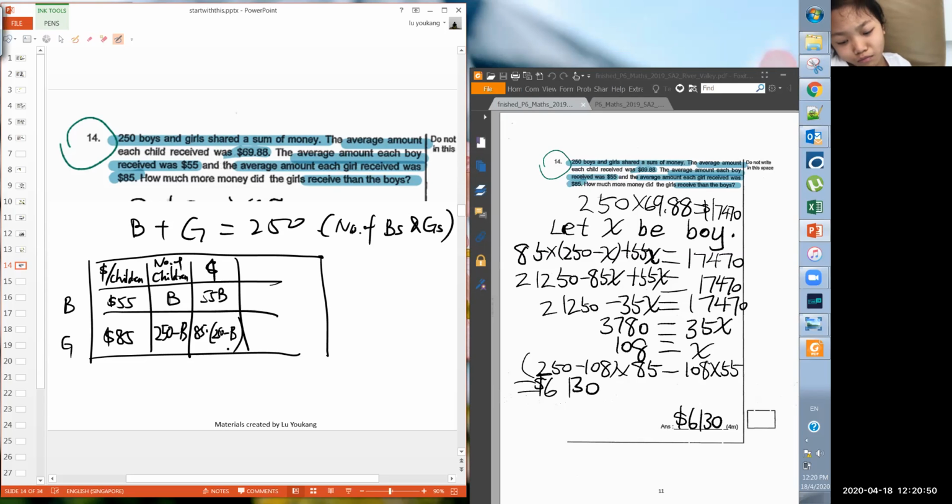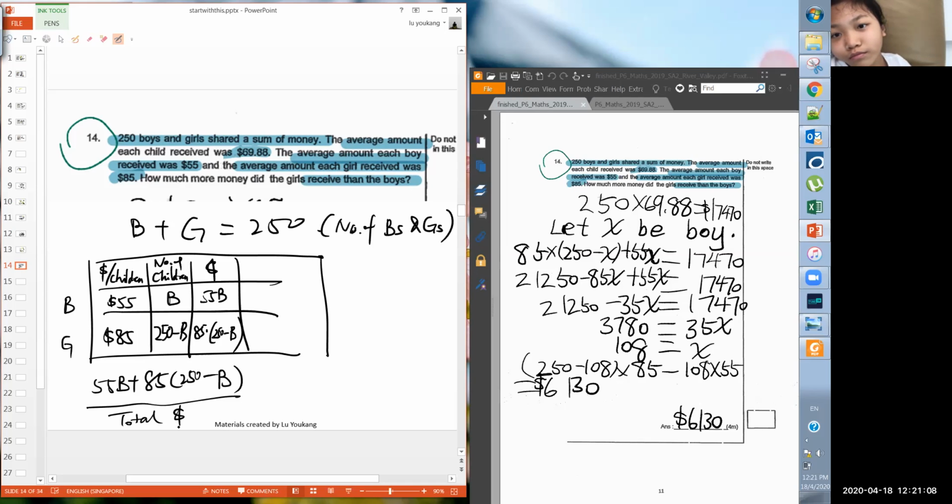Okay. Yeah. And this amount of money, 55B plus 85 times 250 minus B, is the total amount of money, right?